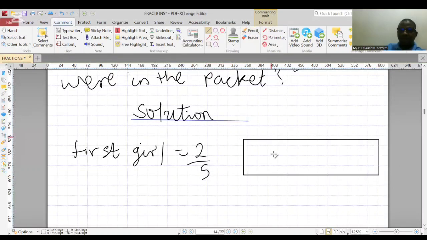It is divided into 5: 1, 2, 3, 4, 5. From the question, the first got 2 out of 5, so we should put it here.